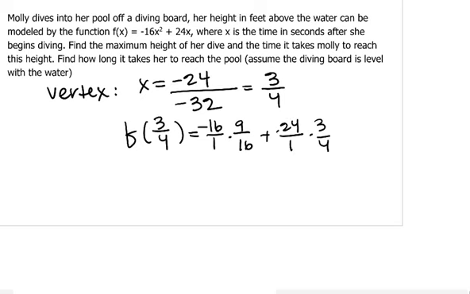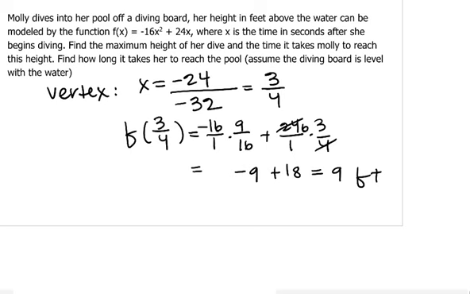So that's 6 times 3, which is 18, added to negative 9. So that's 9 feet. So the maximum height of Molly's dive is 9 feet. The time it takes Molly to reach this height would be 3/4 of a second after she jumped.